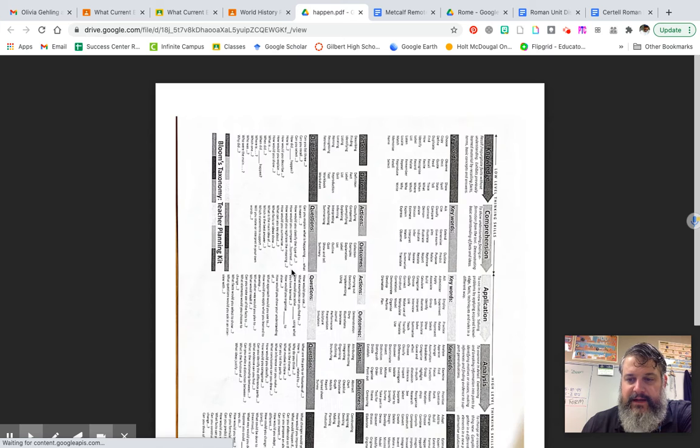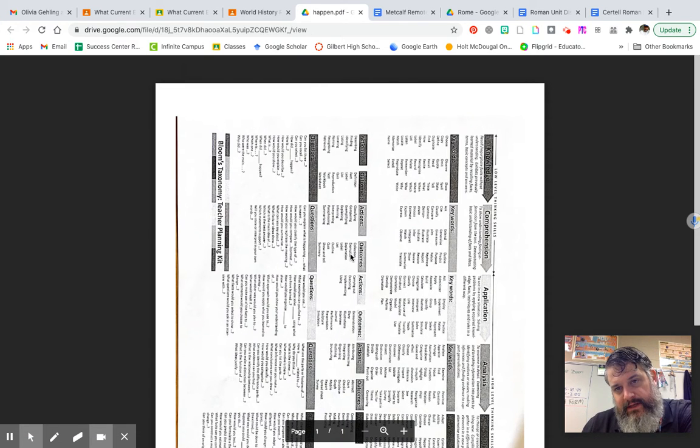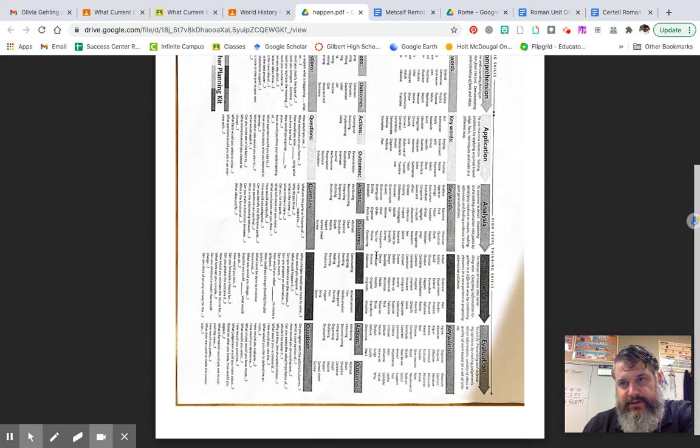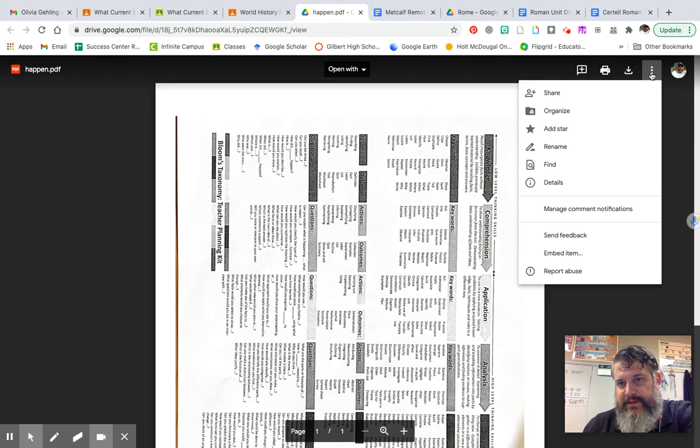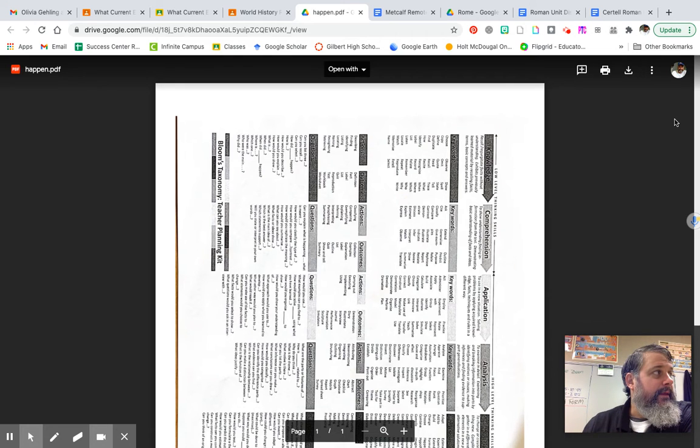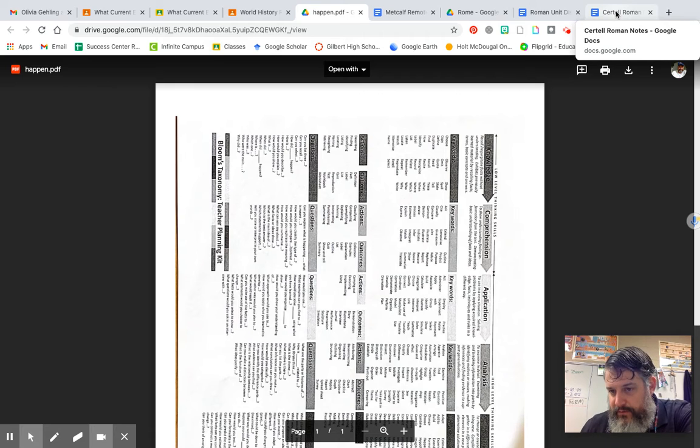See here, these questions, and you'll have to flip it on its side. For some reason, it did not do that for me. Basically, what you need to do is use this to come up with your higher order thinking questions from the readings. All right. So I just wanted to give a brief introduction on Rome.